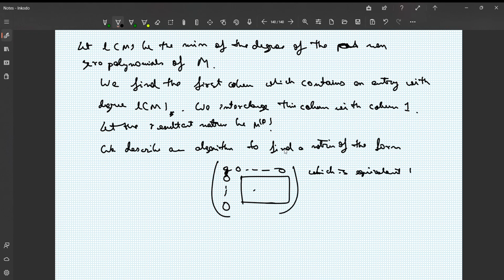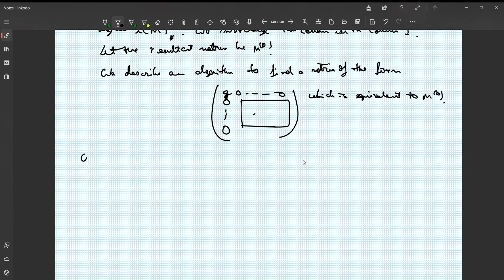So you have g in the first entry and all the other entries are 0 here. There is an arbitrary matrix. You're not concerned about this, which is equivalent to M0. Okay. How can we do this? We apply algorithm A to M0.